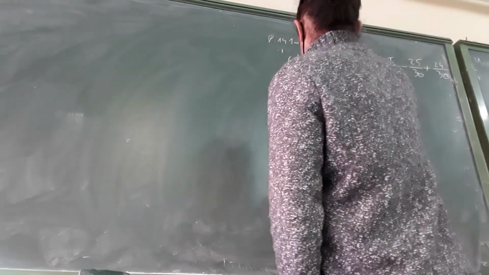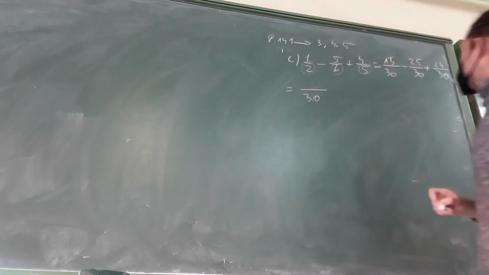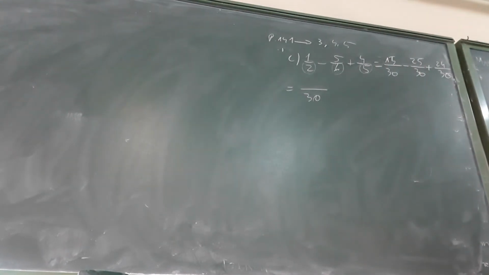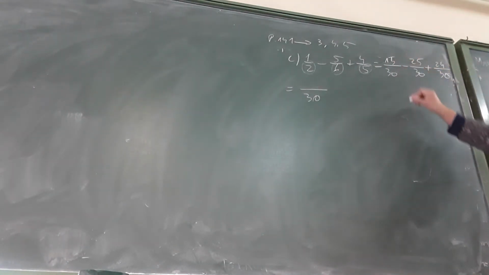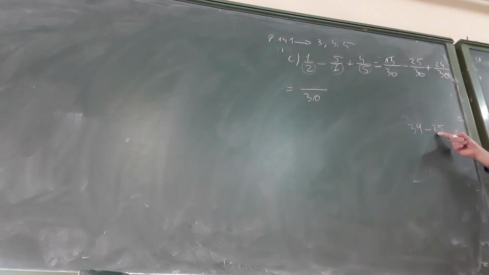Okay, so denominator is going to be 30. And what about numerator? 34. 24 and 15 equals 29. 29 minus 24, yes. No, not 24. Come on.